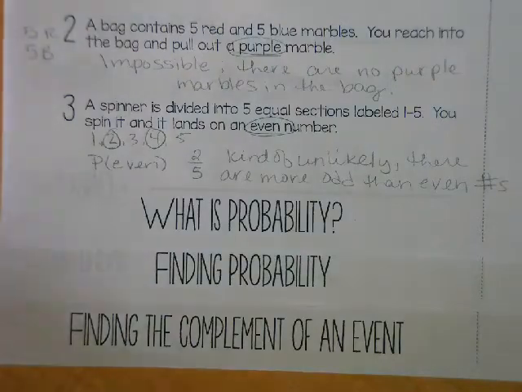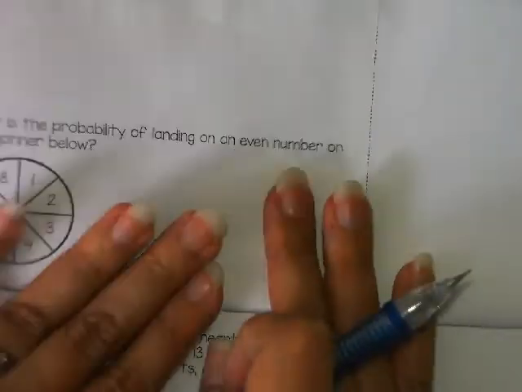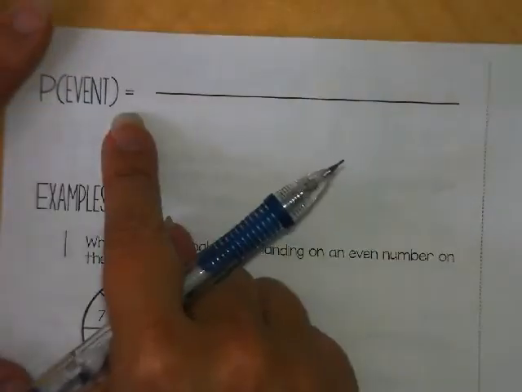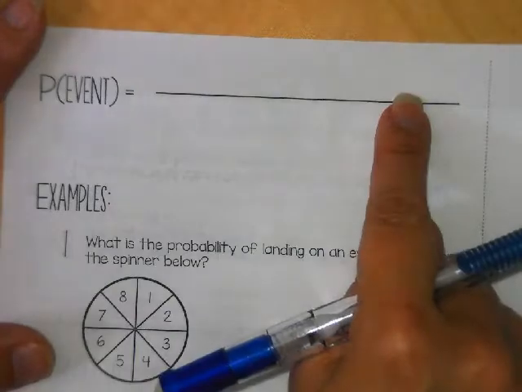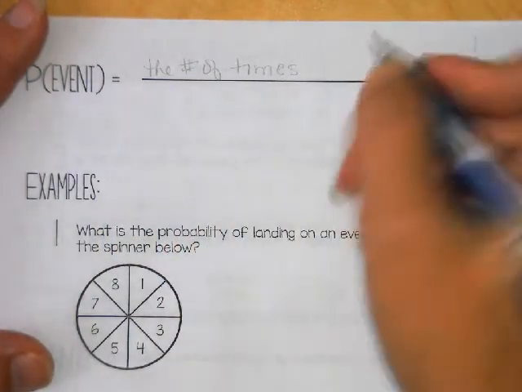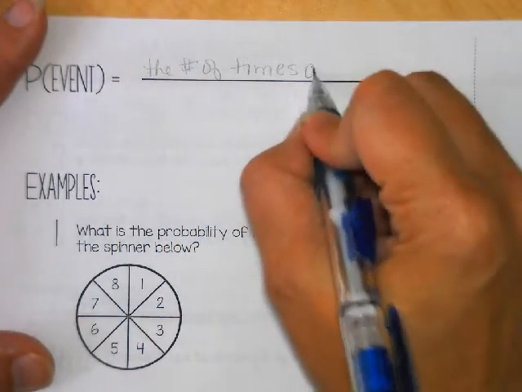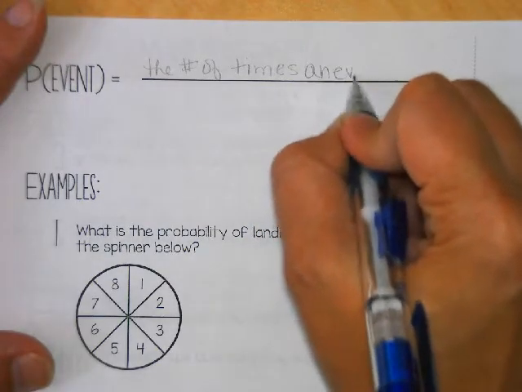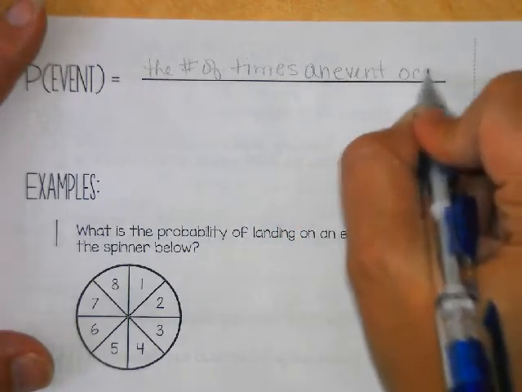So on our next page, let's talk about actually finding probability. So P parentheses event, right? That's how we show probability. And it's usually written as a fraction, as you can see. And this is the number of times a specific event occurs, right? That is what you want, right?